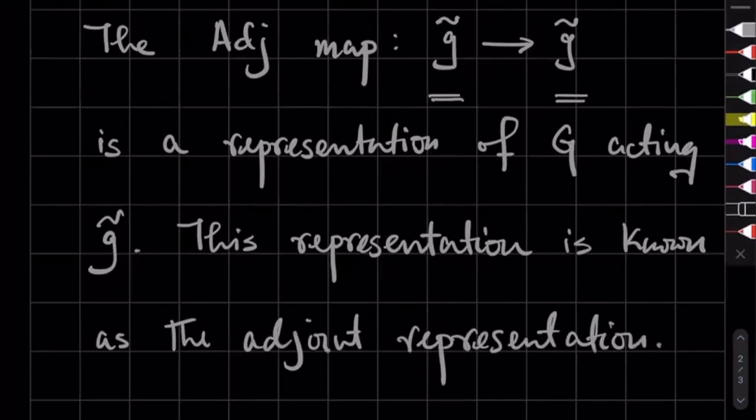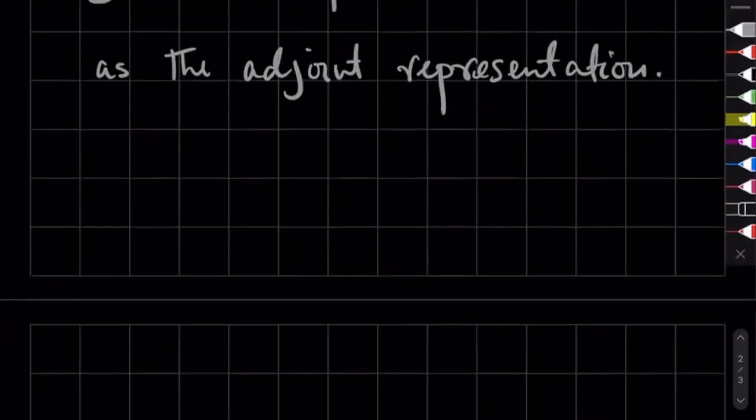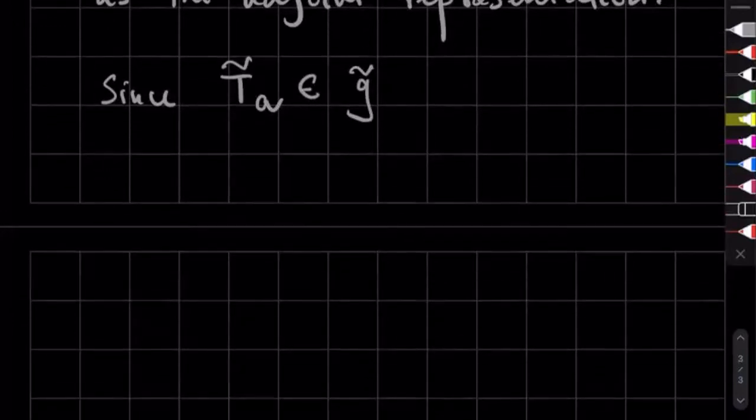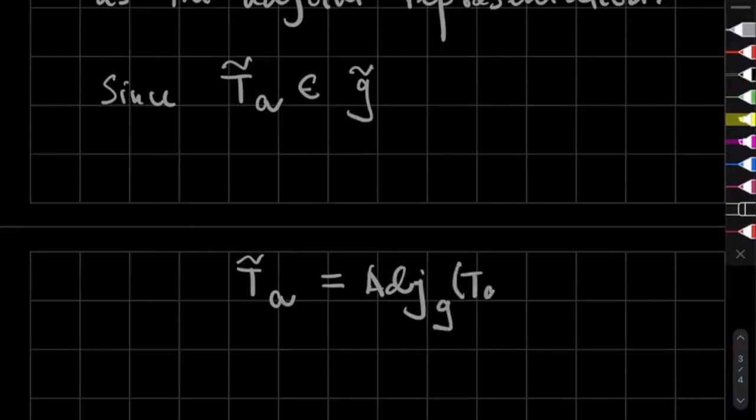Okay, so let's formalize this a little bit and prove these statements. Now, since T tilde is an element of the Lie algebra, we can write T tilde of A, which is defined to be the adjoint of G acting on T_A.